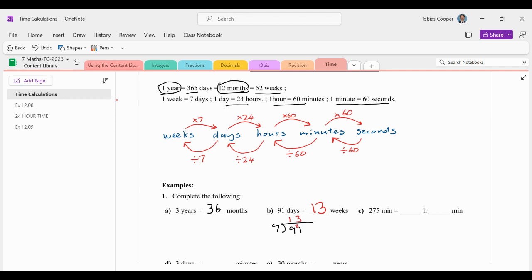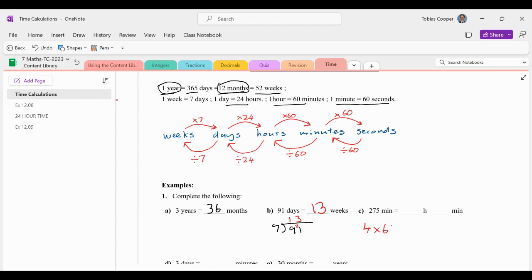Okay, now minutes to hours and minutes. So to go from minutes to hours, you can see from the diagram we can divide by 60. Alright, so we've got to see how many 60s go into 275. So one way of doing this is thinking about this. How many lots of 60 am I going to get?